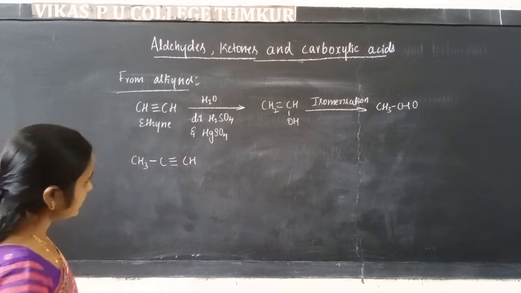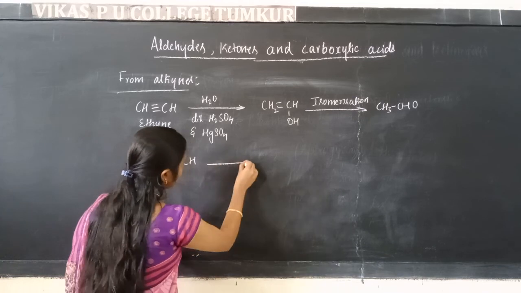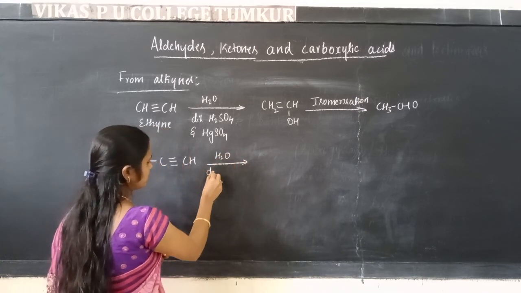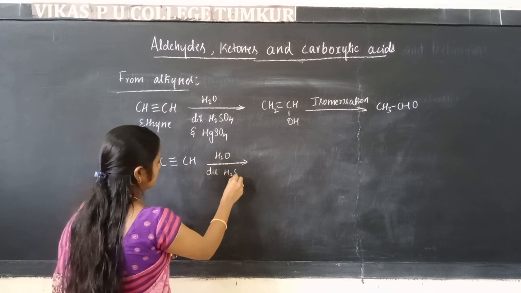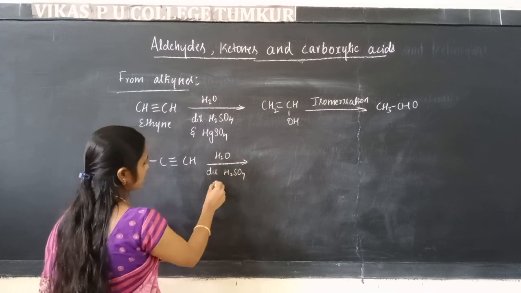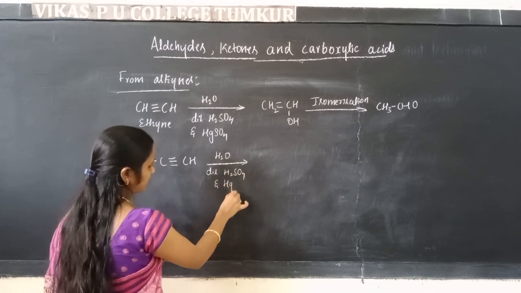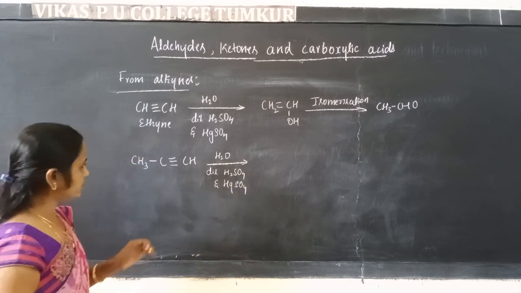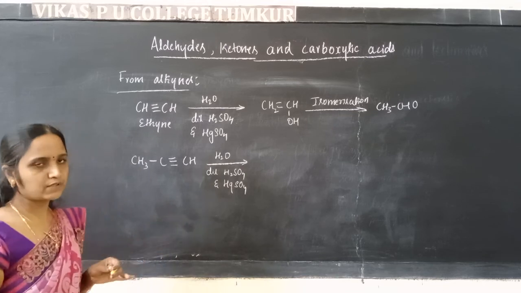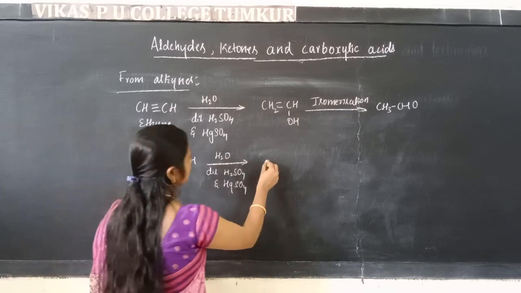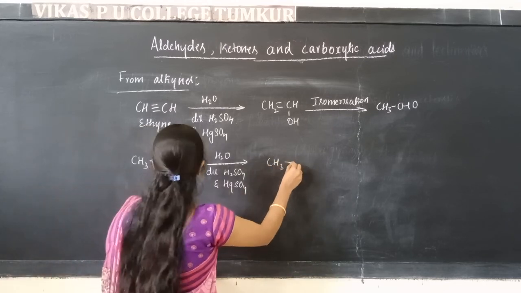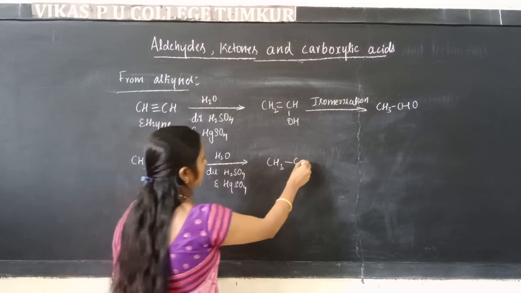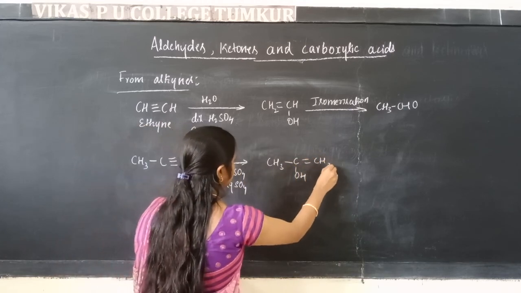This propyne is hydrated in the presence of dilute H2SO4 and mercuric sulfate. At that time, CH3 C(OH) double bond CH2 is formed.